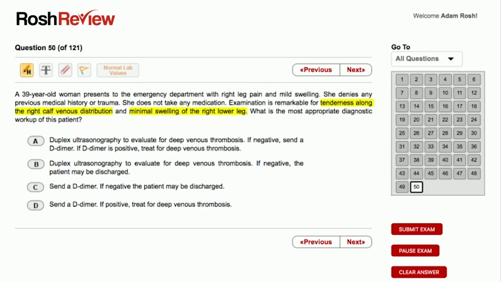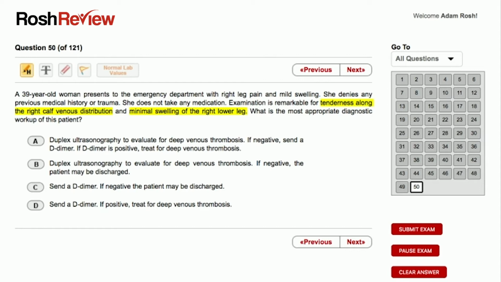So if we review Wells criteria, the pretest probability of a DVT, we'll see that this patient actually is considered moderate risk for a DVT. She has 2 points, and therefore the diagnostic workup is going to reflect her moderate probability.